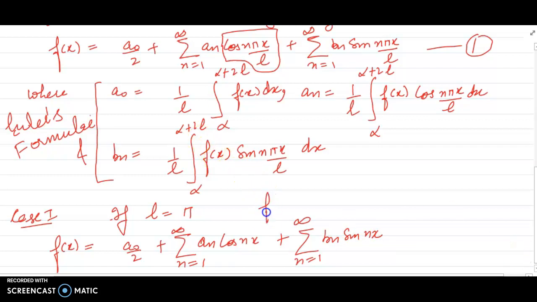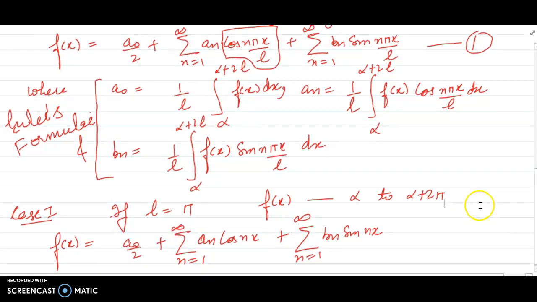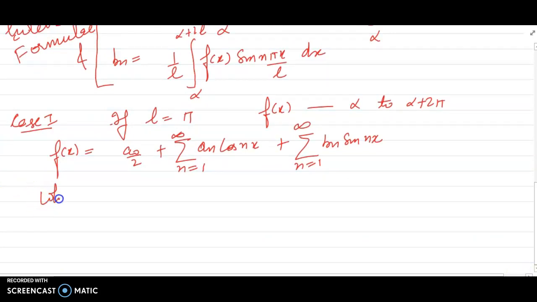If f of x is in the interval alpha to alpha plus 2 pi, what will be the changes in Euler's formulas? The formulas remain the same, where on replacing l by pi, a0 is 1 by pi, range from alpha to alpha plus 2 pi, f of x dx.